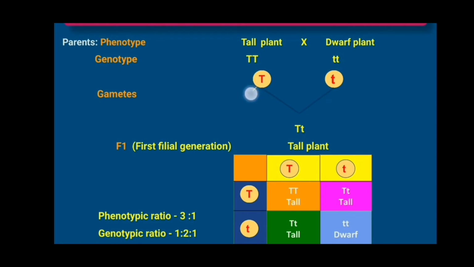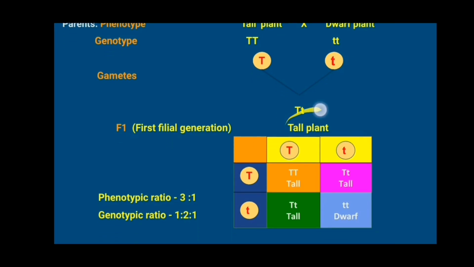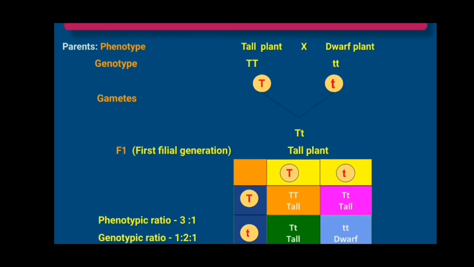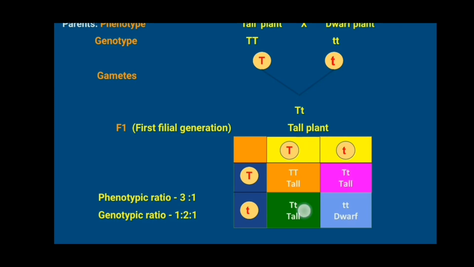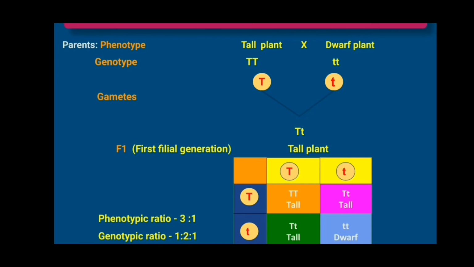Then gamete is capital T here. The gamete is small t here. Then F1 plant is tall. Then tall F1 is self-pollinated. We get tall and dwarf in a ratio 3 is to 1. Genotypic ratio is 1 is to 2 is to 1. This is the monohybrid cross example.